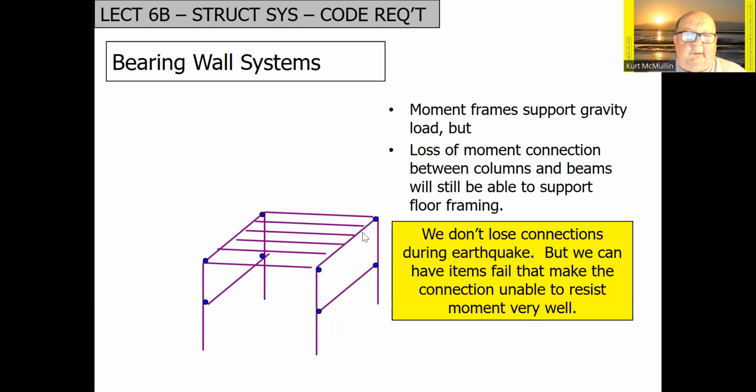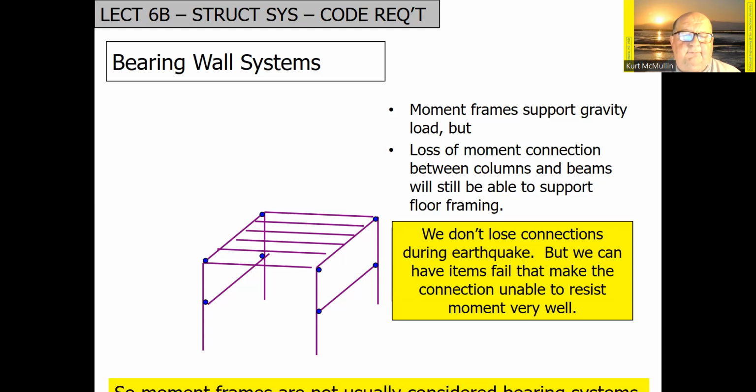Now, we don't really lose connections during earthquakes, but we might run the risk of some of these rigid connections being cracked or damaged enough that they act as if they're pins, but we still should be able to support most of the gravity load, even if there's severe damage. So moment frames are not usually considered to be bearing systems.